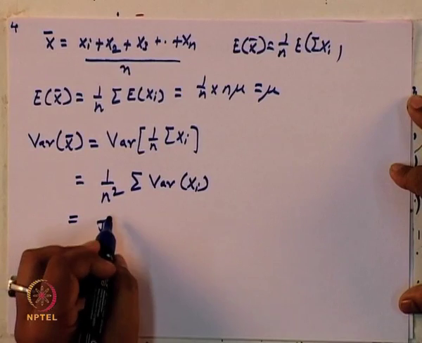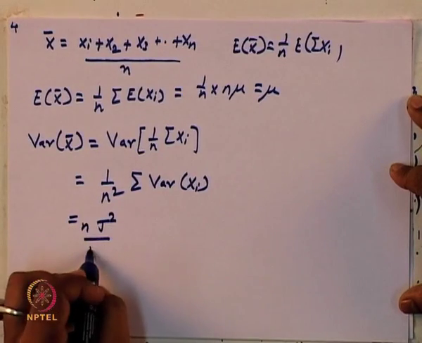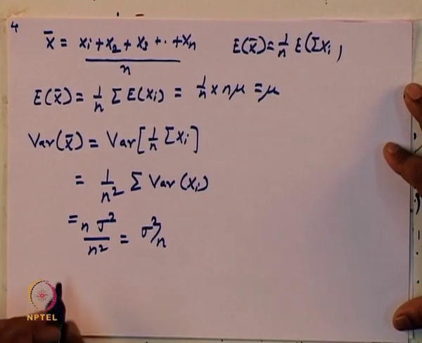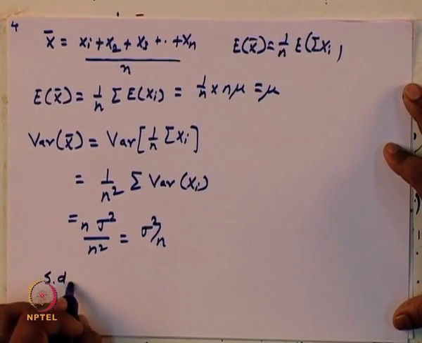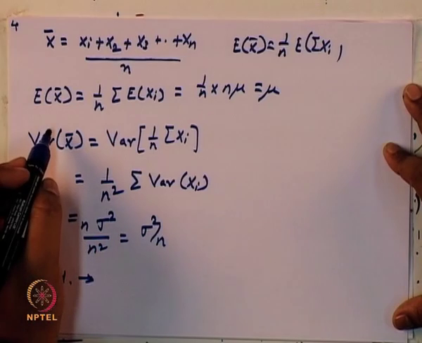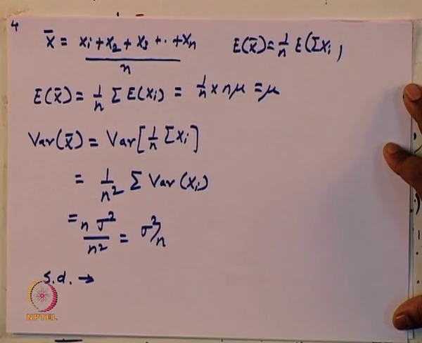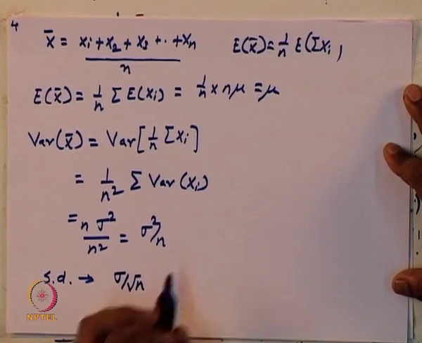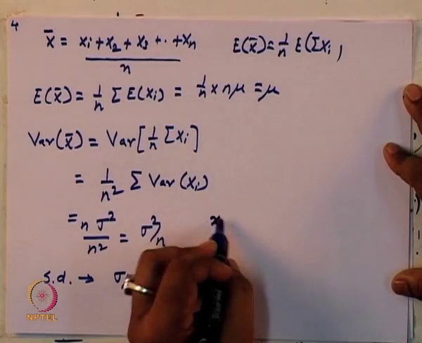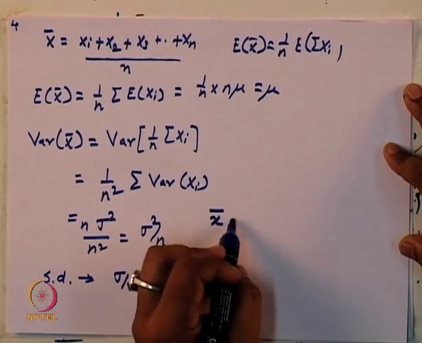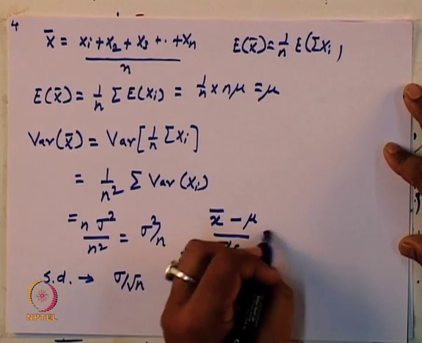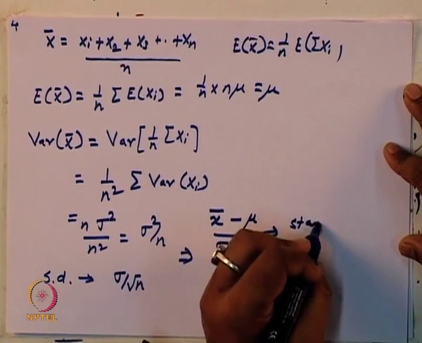So, you have sigma square into n by n square, equal to sigma square by n. This would mean that the standard deviation of the sample mean x bar is sigma by root n. So, x bar minus mu by sigma by root n is a standard normal variable.